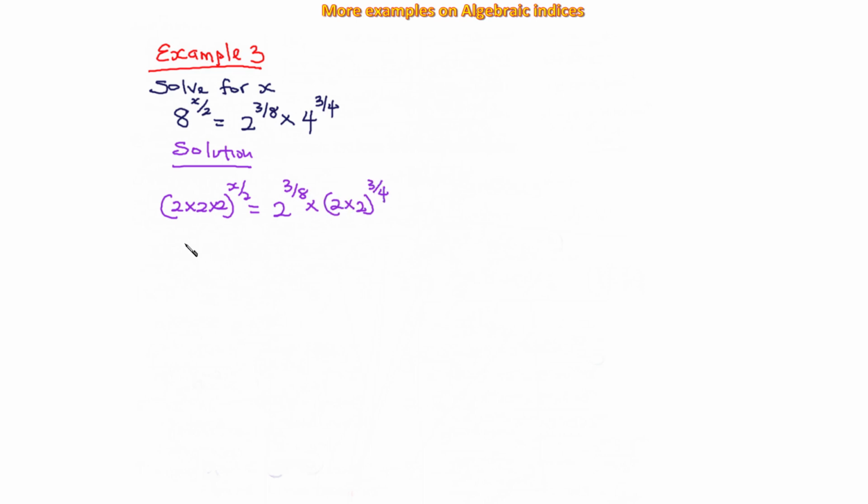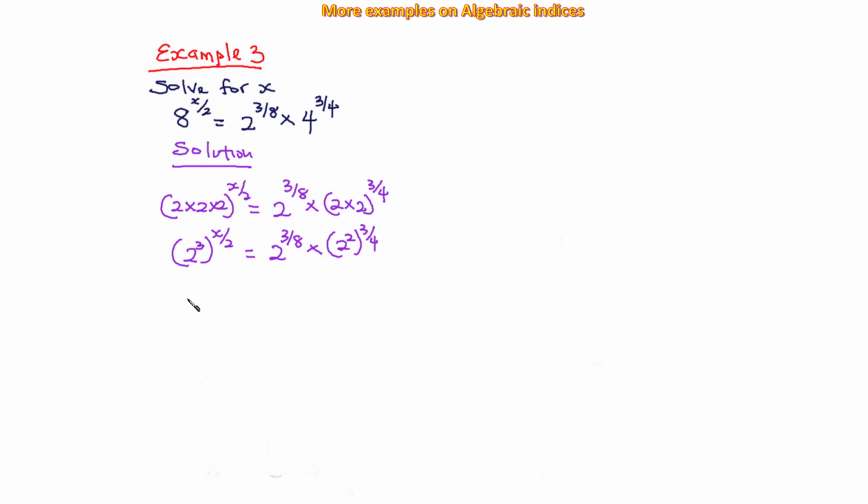Now, we are going there gradually. Now, this will be what? 2 raised to power 3, x over 2 is equal to 2 raised to power 3 over 8 times 2 raised to power 2, 3 over 4. Now, let's do something now.